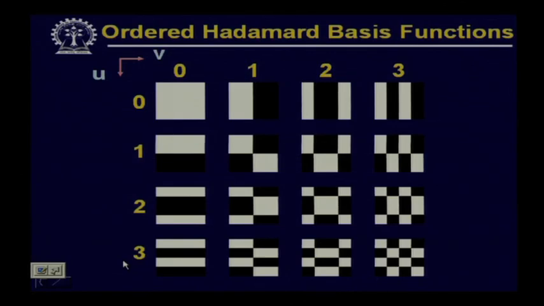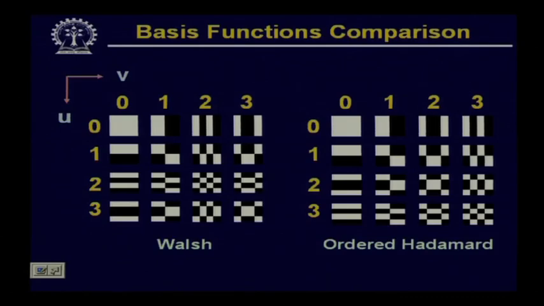And if I compare this with the Walsh basis functions, you find that the basis images in case of Walsh transformation and the basis images in case of ordered Hadamard transformation are identical, but there is a difference in the ordering. Otherwise, the basis functions for Walsh transformation and the ordered Hadamard transformation are identical.